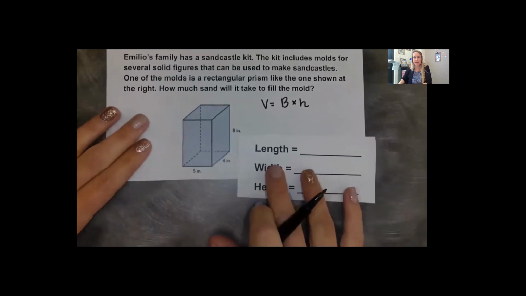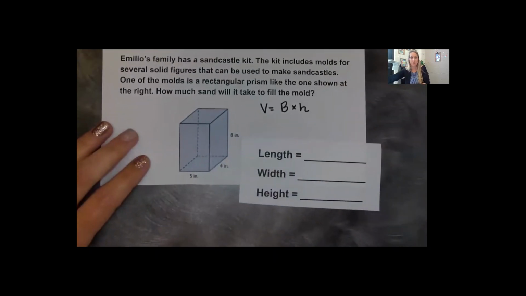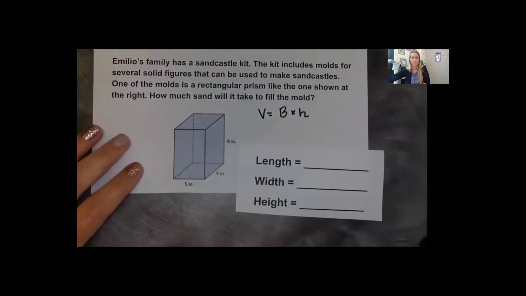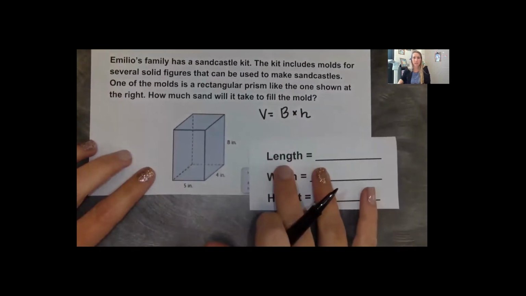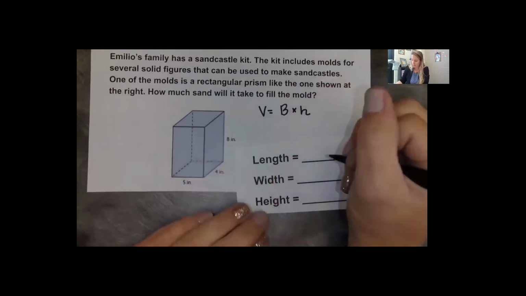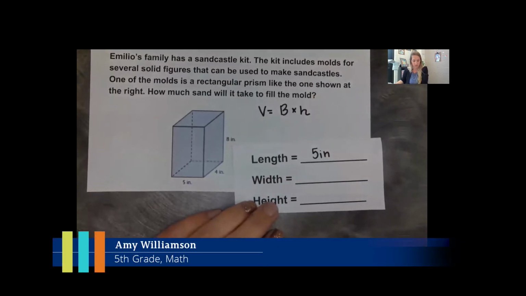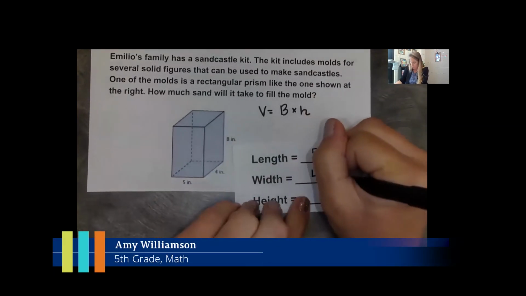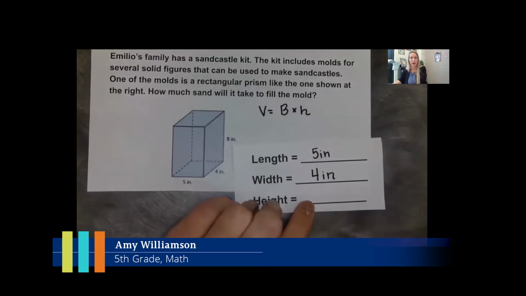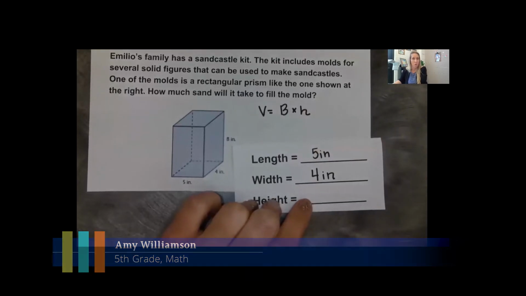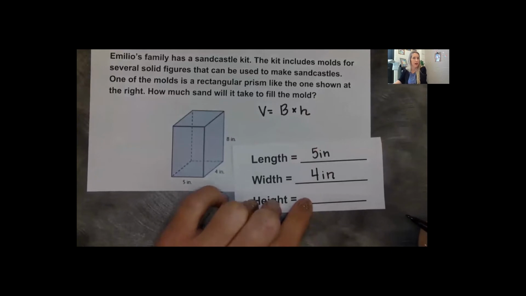So let's identify the length and the width of this prism. What is the length of this prism? 5 inches. What is the width of this prism? 4 inches. Fabulous work. And so, what's the base area of Emilio's prism?